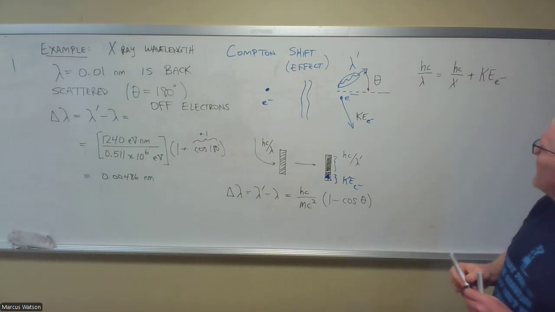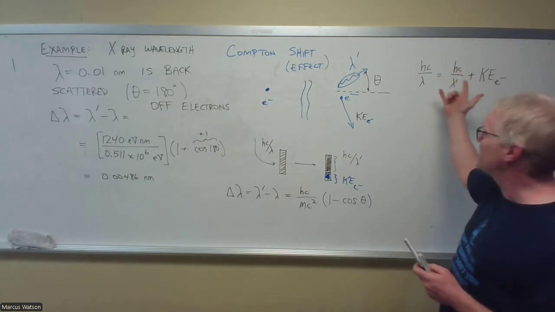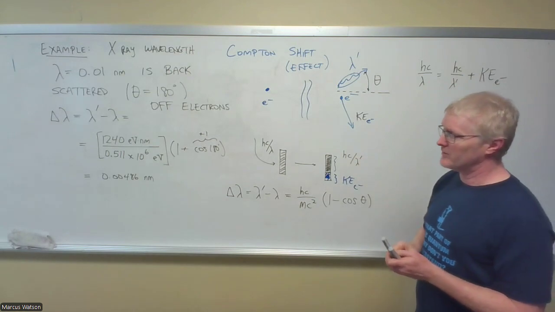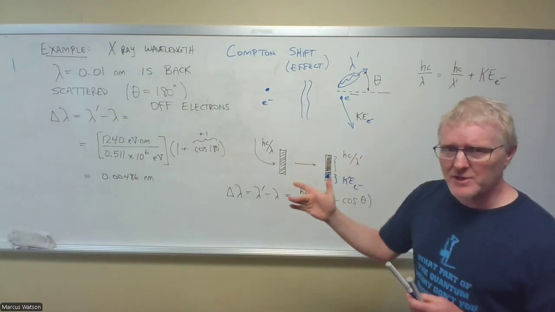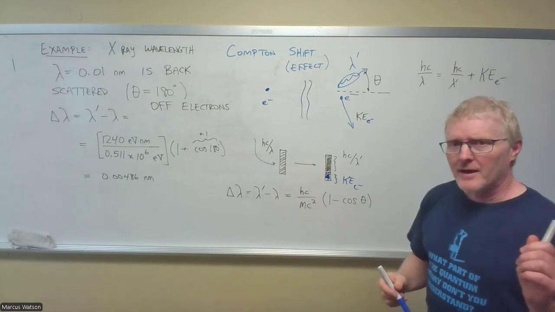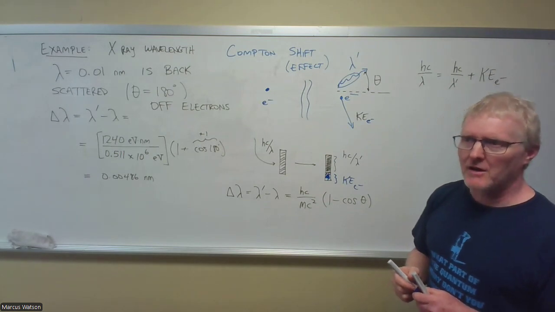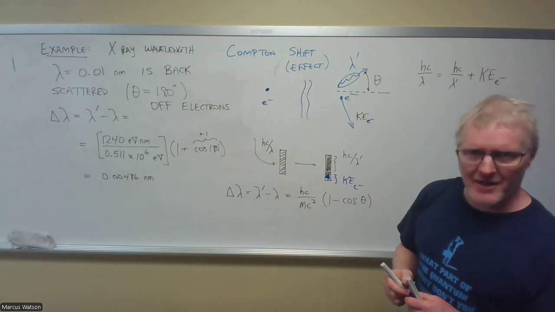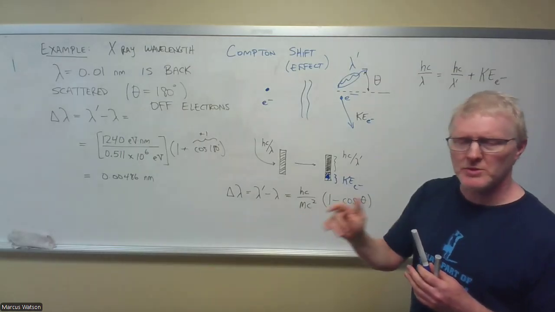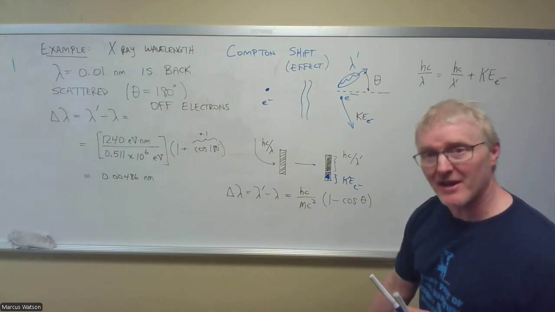And if I wanted to then find the kinetic energy of the electron, it would be a straightforward issue to use the lambda and the lambda prime here that I found. Well, notice I have not actually found lambda prime. I did find delta lambda though. Here's a place to be a little aware of math and not jumping to something that looks like it would be useful and turns out is not useful.